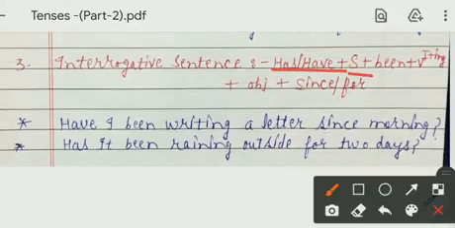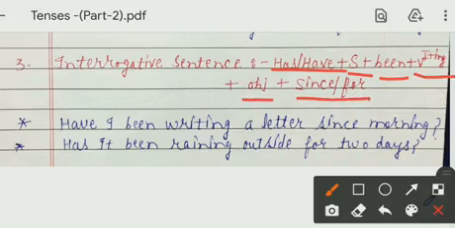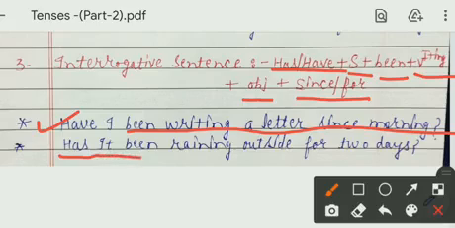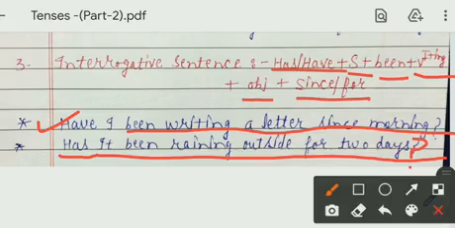After that, subject, been, verb की first form plus ing, object, and the use of since and for. Example is, have I been writing a letter since morning? Has it been raining outside for 2 days? Whenever you are making interrogative sentence, put the sign of question mark at the end.